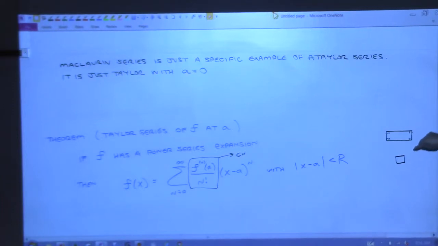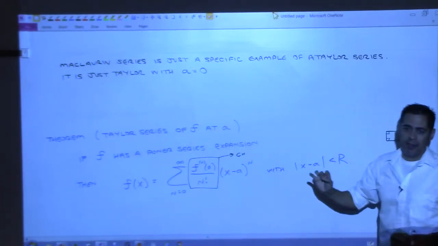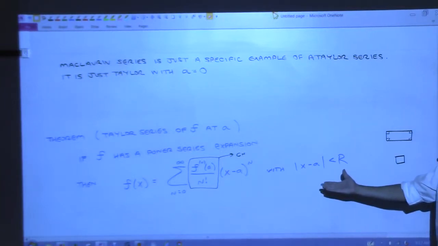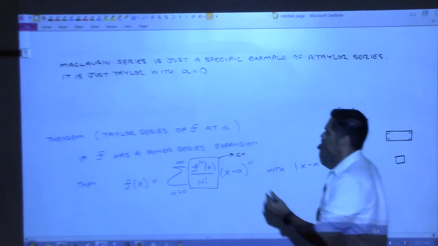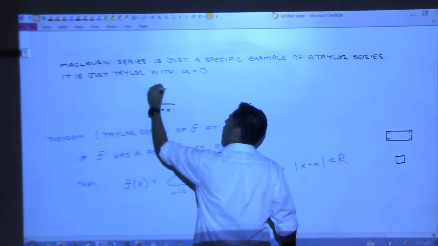So this is just a specific example of a rectangle. A Maclaurin series is just a specific Taylor series. It's the Taylor series when a is 0. So how would our formula change if I'm telling you that a is 0? Sum n equals 0 to infinity.